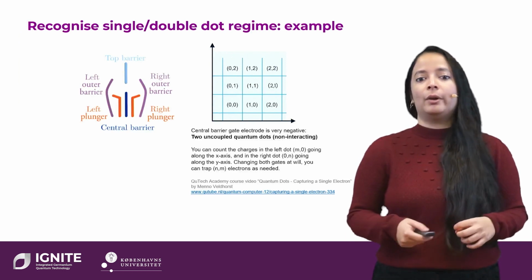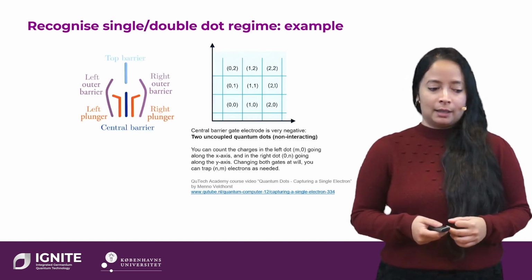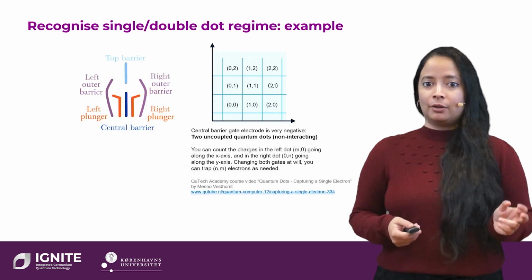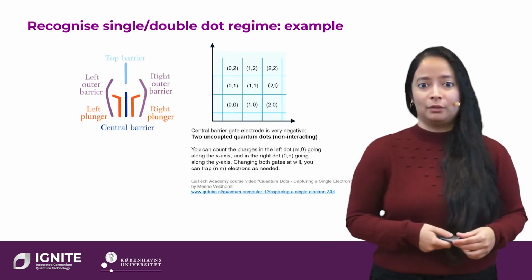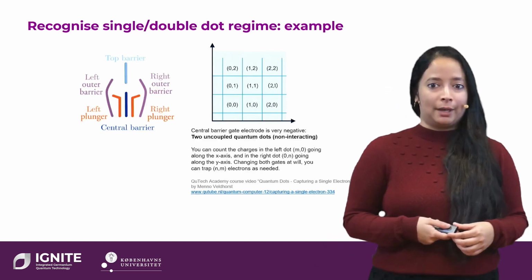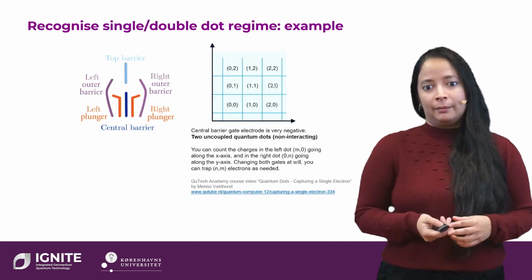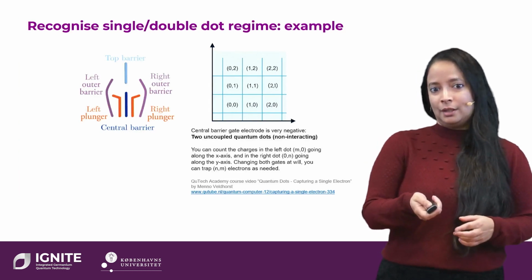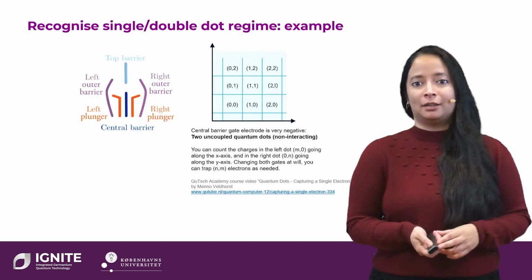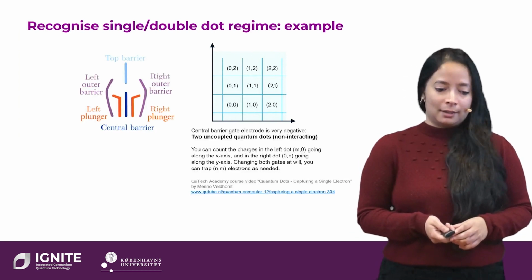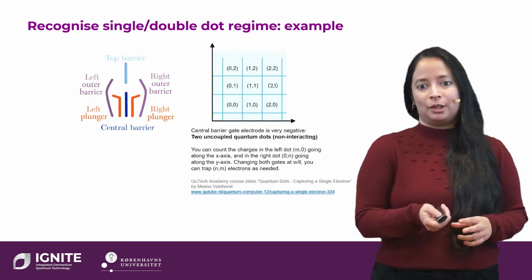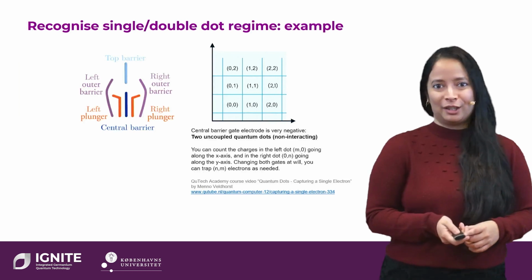You just need to know where in this pattern you are. And something that humans, but also coincidentally computers, are very good at is this kind of pattern recognition. If you want to look at more about how these patterns are generated and how it works, this is something called the constant interaction model. You can look at previous QTech videos.